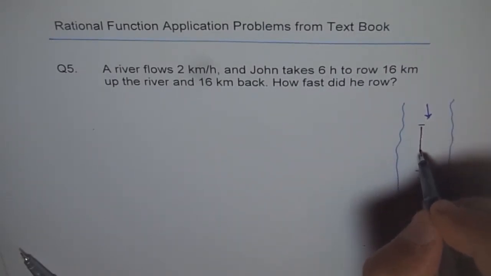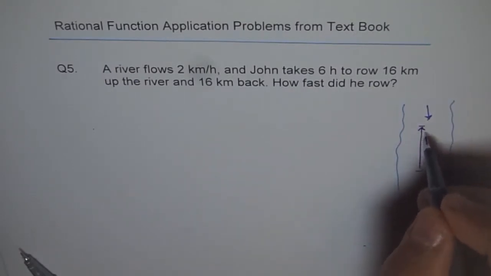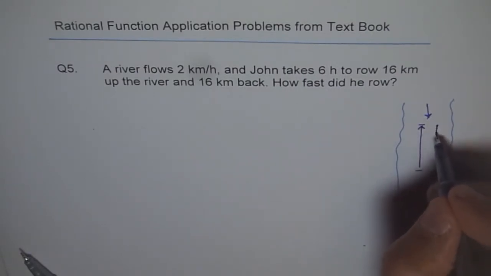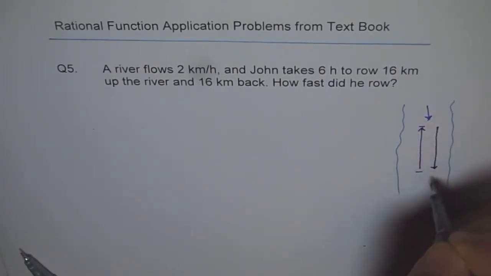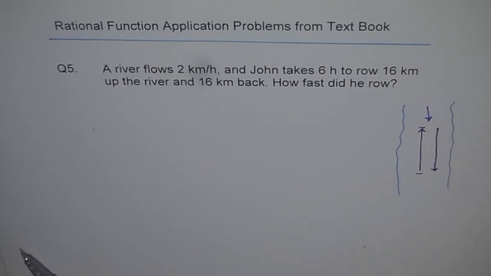If you go against the current, then your rowing speed is lesser by the speed of the river. If you go in this direction, then you are moving faster, correct? So that is how you have to see this question.